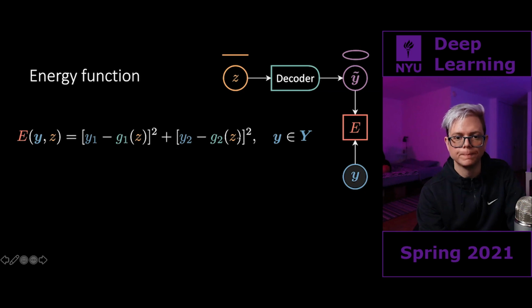So the squared distances, and then I sum both together. And this happens for each and every observation Y in my capital Y, the collection of all observations.